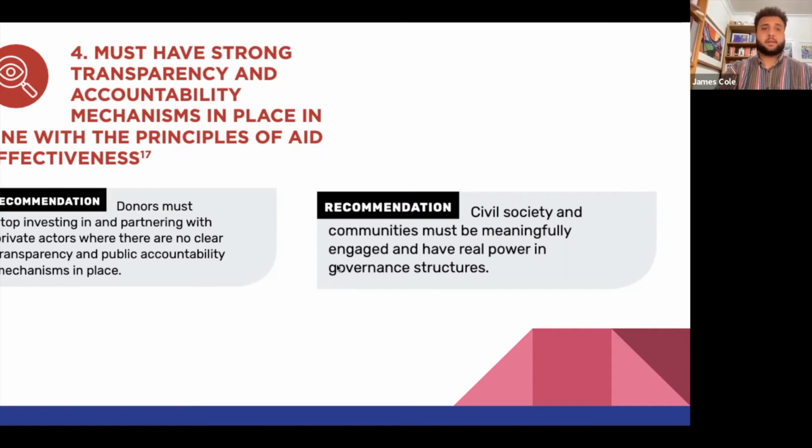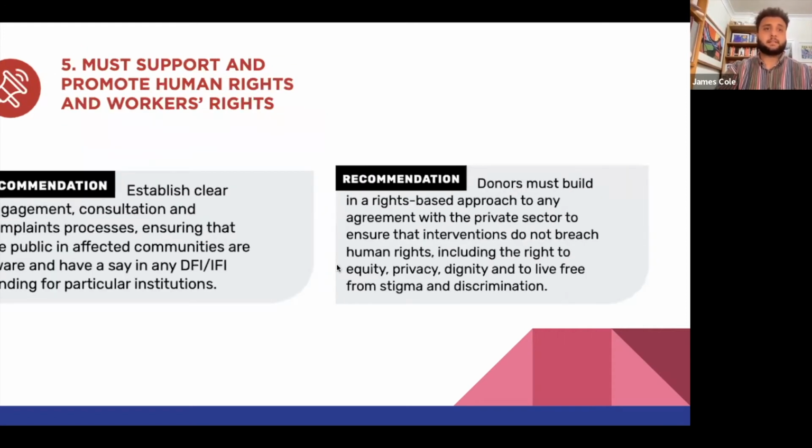So principle number 5 is highlighting the need for these investments to support and promote human rights and workers' rights. So we think it's essential that any of these ODA investments advance the right to the highest attainable standard of physical and mental health. And this includes the links to ensuring universal access to high quality healthcare services without discrimination.